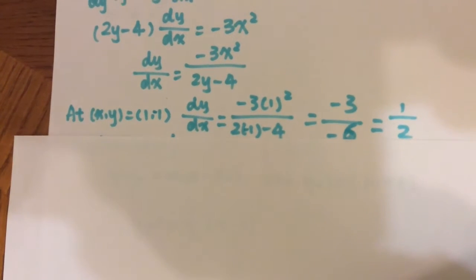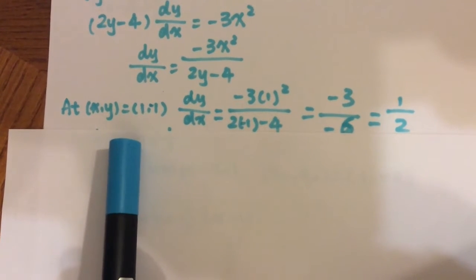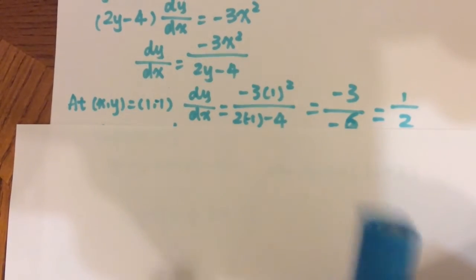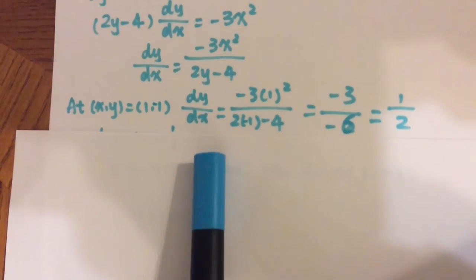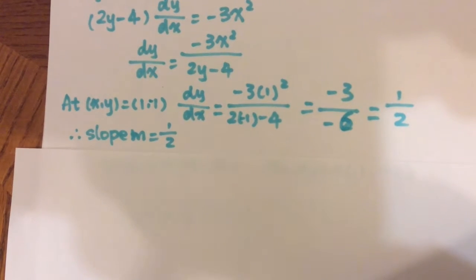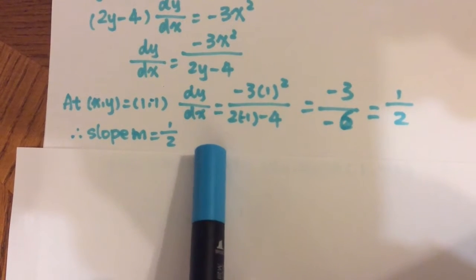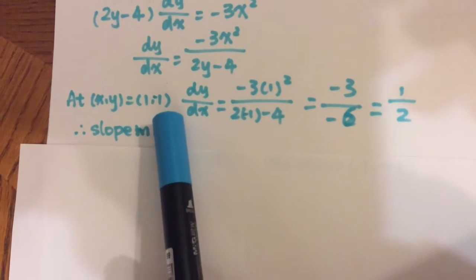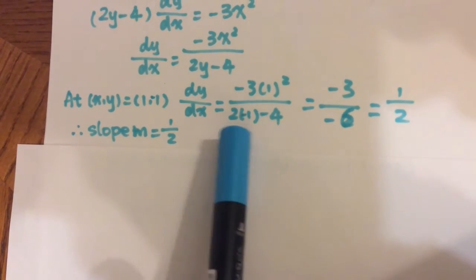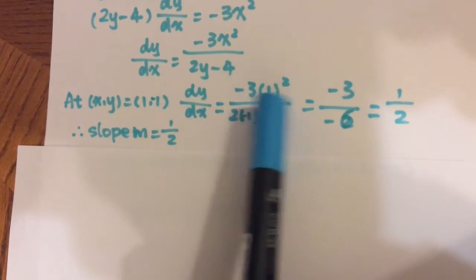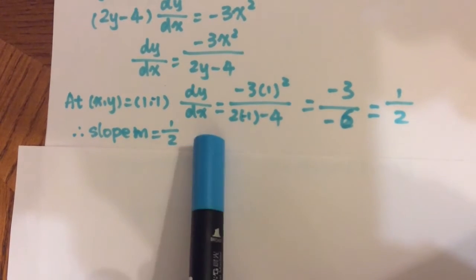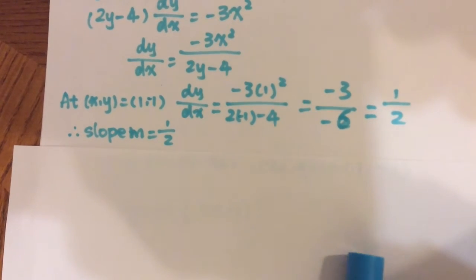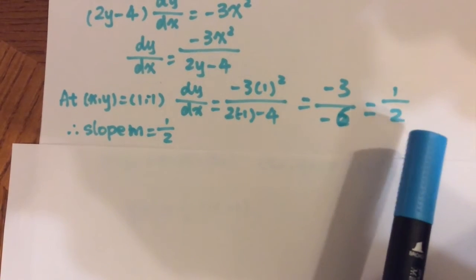So at x equal to 1 and y equal to minus 1, we use this equation to find the slope. dy over dx equal to, put x equal to 1 and y equal to minus 1 into this equation, we can find minus 3 on the top and minus 6 at the bottom. This is the way that we did this question. So the slope is 1 over 2.